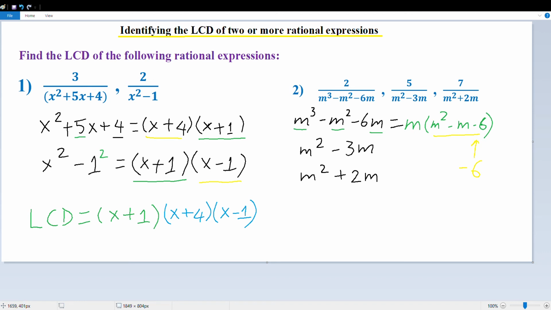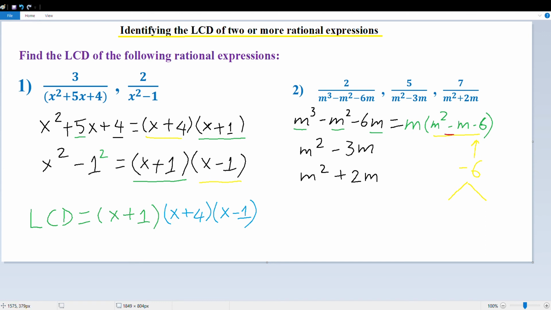So -6. We need to break this -6 down into two numbers such that the product of those two numbers would be -6, and those two numbers add up to -1.